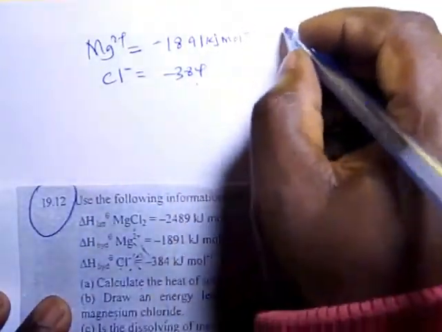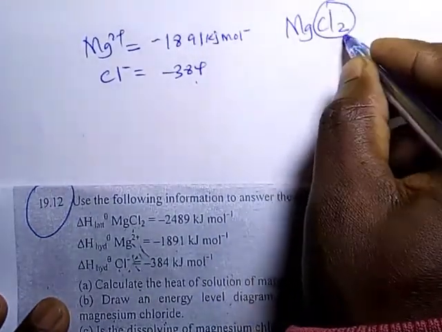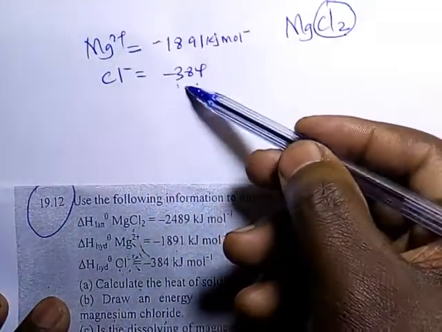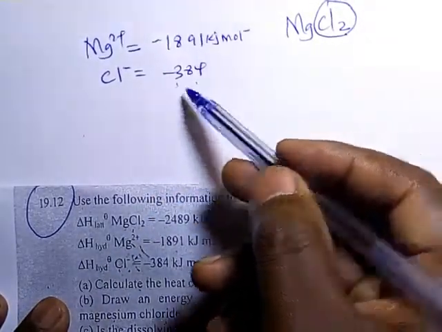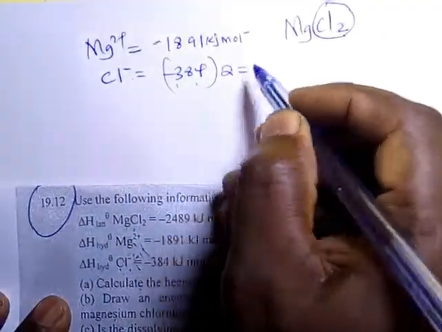But remember, magnesium chloride is written with two chlorides. And this is the enthalpy of hydration of one chloride ion. Therefore, we multiply times 2 to get the total.